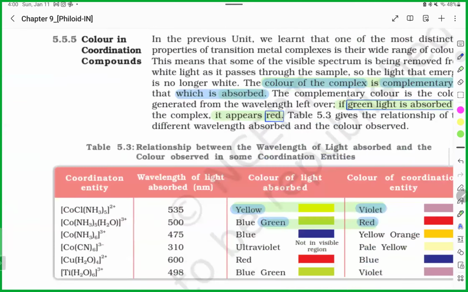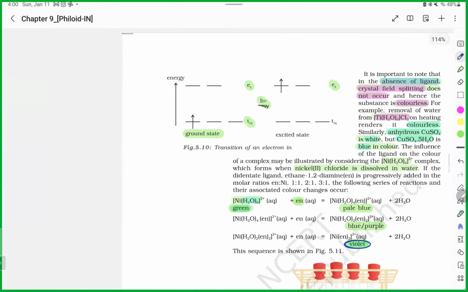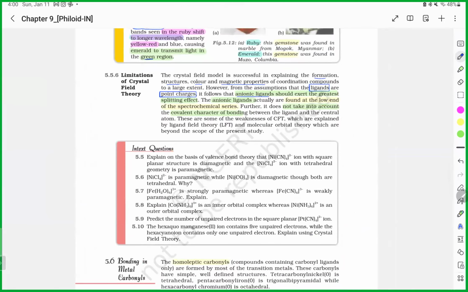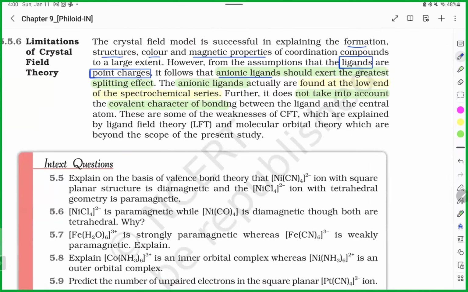We said negative charge should exert maximum splitting, but here we can see carbonyl, en, or ammonia is exerting the maximum. Actually, the negative ions are usually present in the middle. Second, here we talk only about the ionic bond. It does not consider the covalent character. It considers only the ionic character.